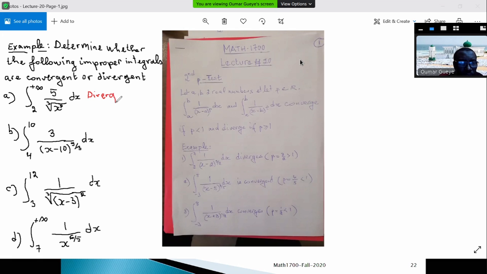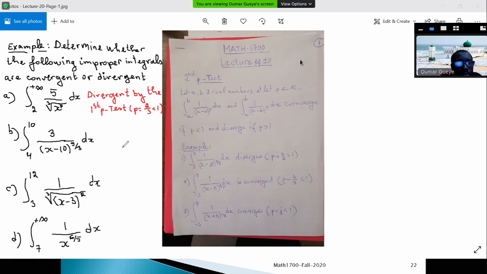The first p-test says when p is less than 1, the integral is divergent, and it's less than 1.